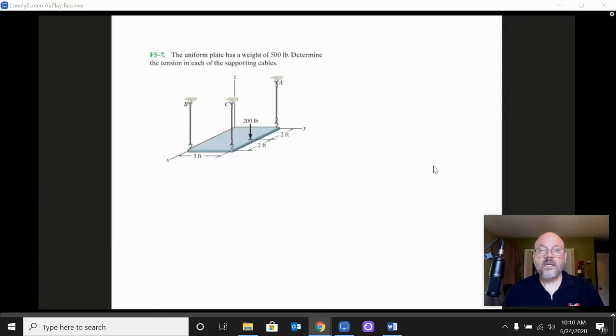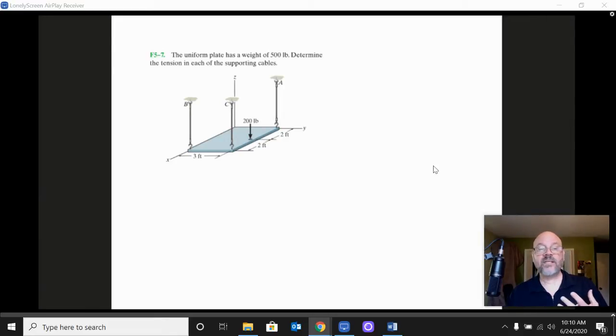So, in this section of chapter 5, we are going to be in pursuit of the same things that we were previously, which is we've got an equilibrium situation. We've got some object with multiple forces, possibly multiple moments acting on it.